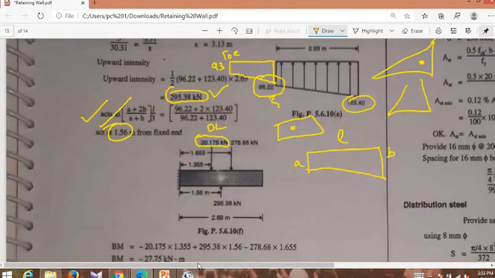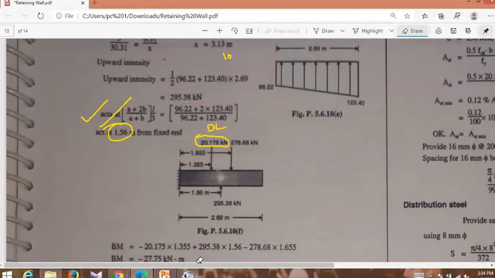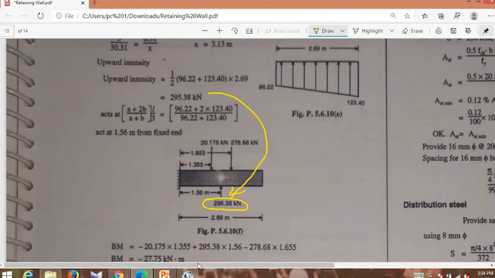One second, I will erase everything, otherwise it will confuse. And this one we just now calculated. We have also determined the distance.